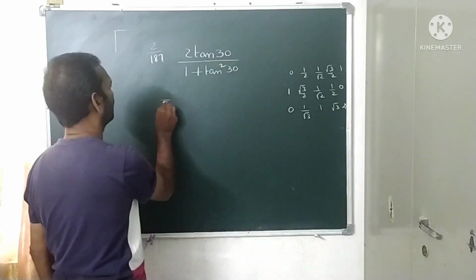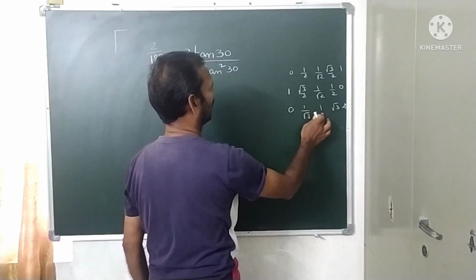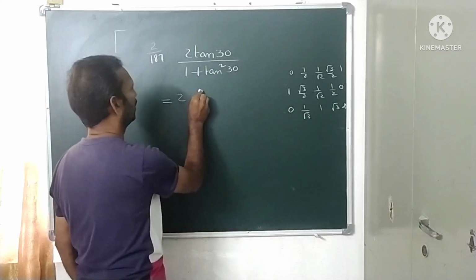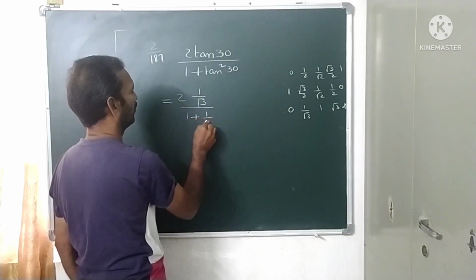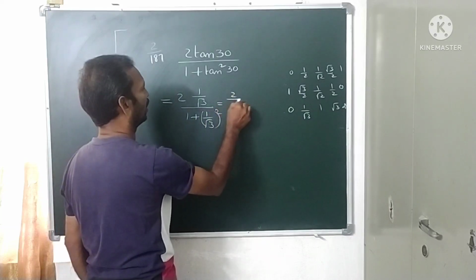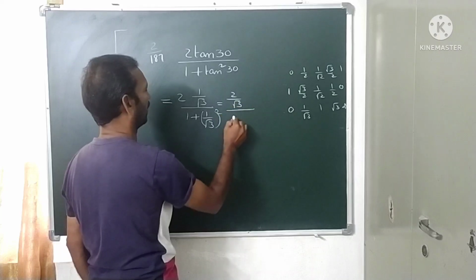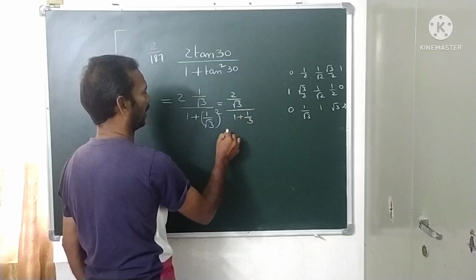Now, 2 into tan 30, tan 30 is 1 by root 3. 2 into 1 by root 3 by 1 plus 1 by root 3 whole square. That means 2 by root 3 by 1 plus 1 by 3, that is 3 plus 1, 4 by 3.